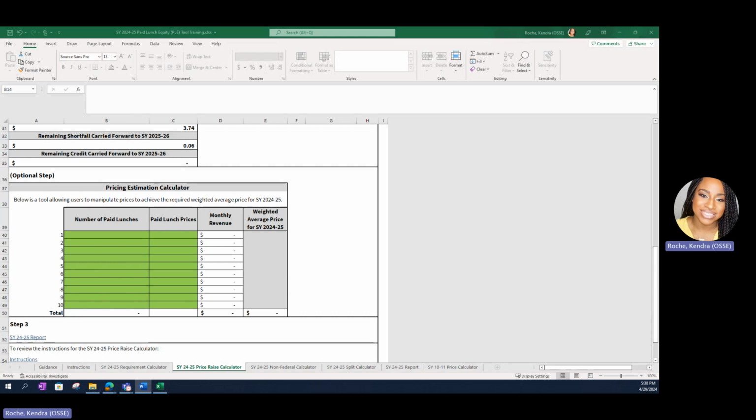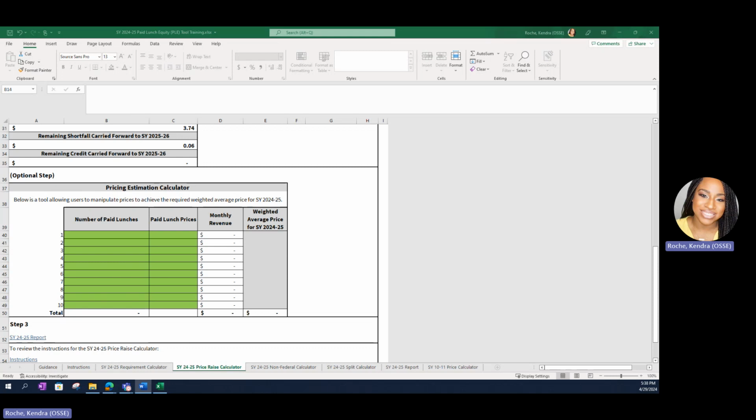Here, SFAs can use this calculator to modify prices for each site to determine if they will be meeting the weighted average price requirement. To use this calculator, enter the total number of paid lunches served at each site in October 2023, then enter the paid lunch prices you wish to use for school year 2024-25.